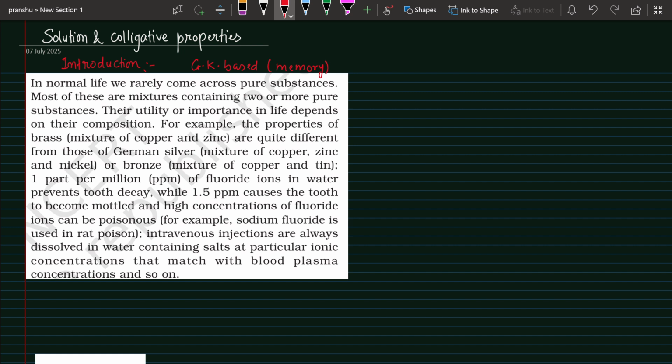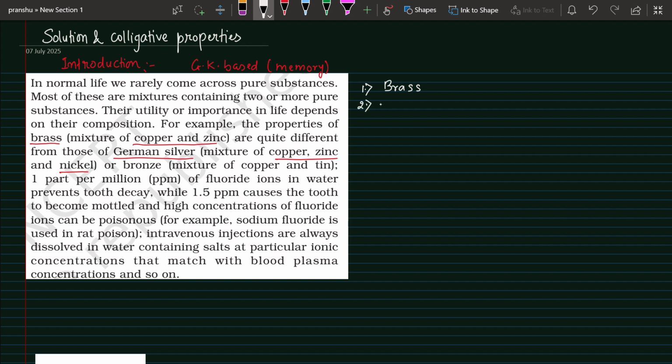For example, an expected question in the exam: the composition of brass is a mixture of copper and zinc. Similarly, the composition of German silver is copper, zinc and nickel. So question number 1 expected is on brass, a mixture of copper and zinc.